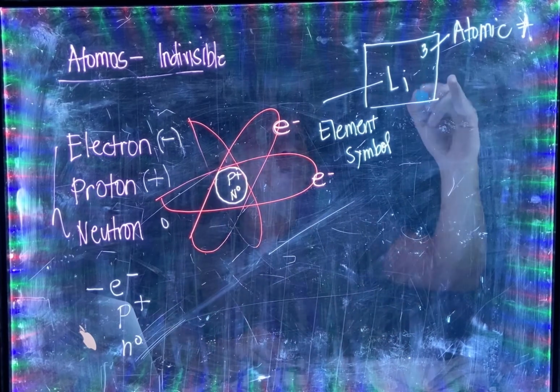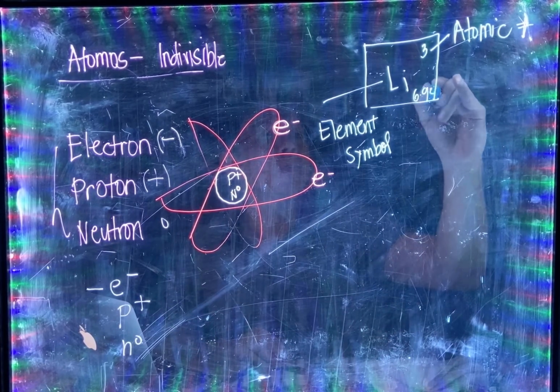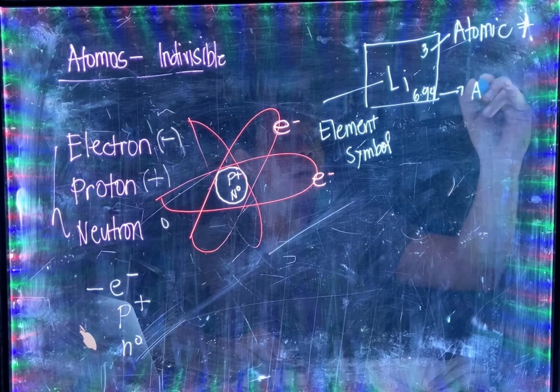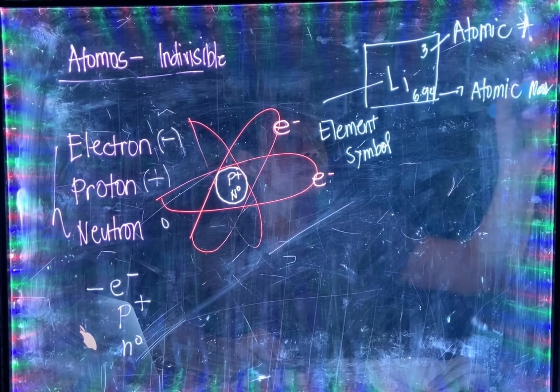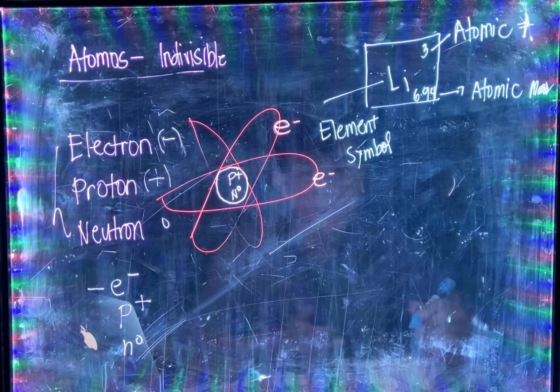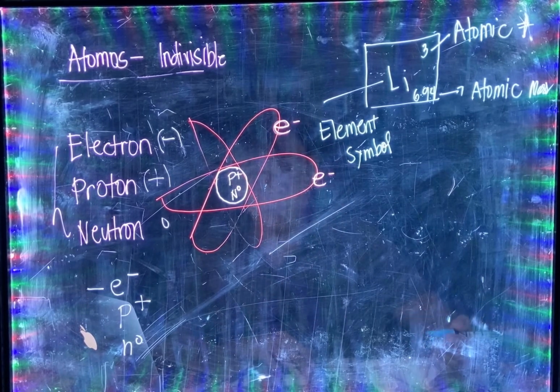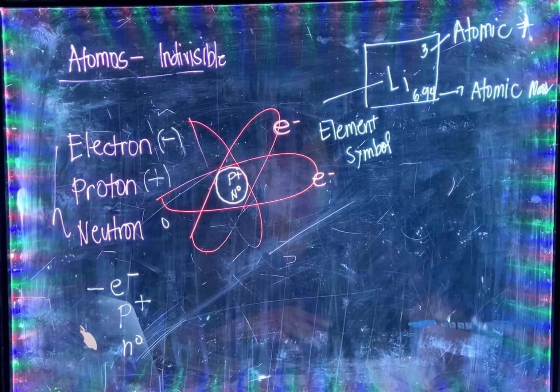So this is 6.94, the atomic mass. What is the difference between atomic number and atomic mass? What is the difference between the two, atomic number and atomic mass?